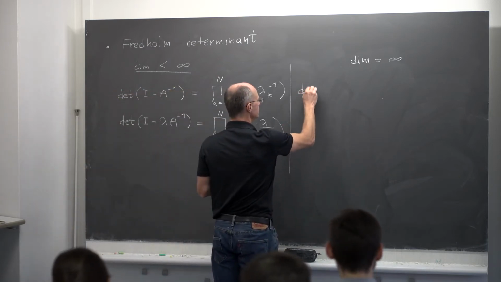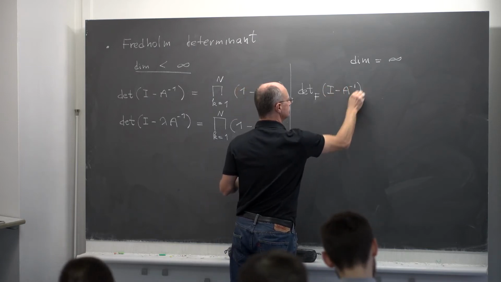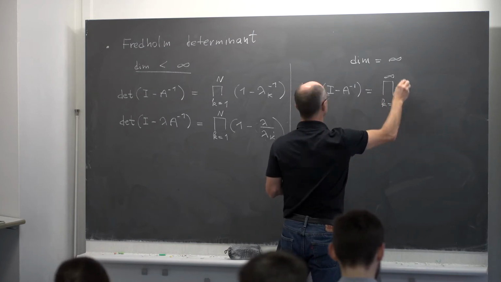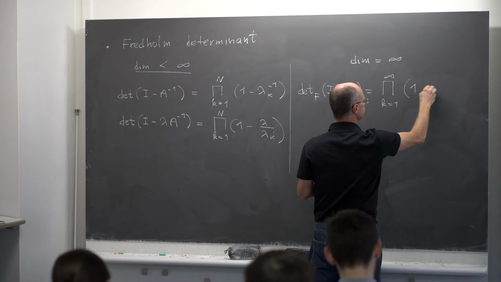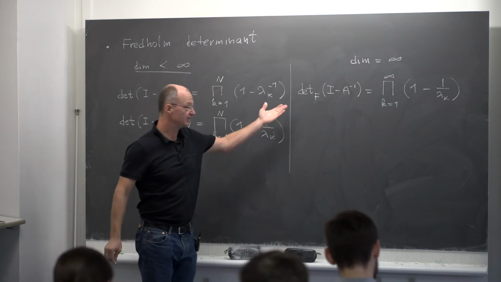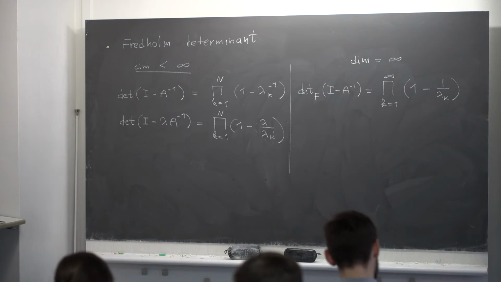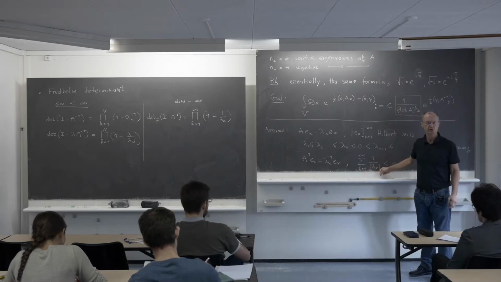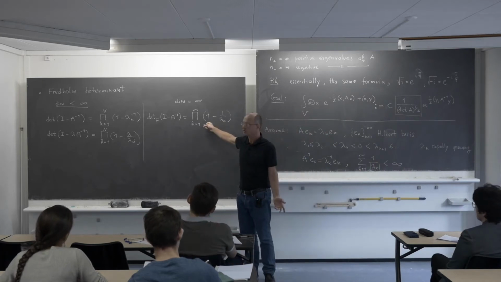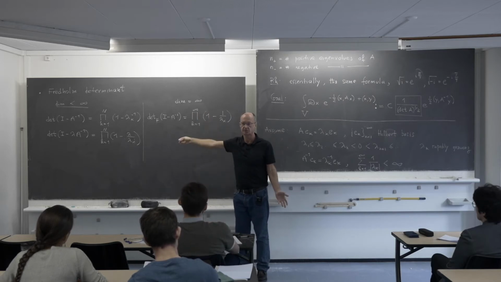So the corresponding determinant is called the Fredholm determinant. Well, it is given by an infinite product. And this infinite product, under the assumption that the sum of inverse eigenvalues is absolutely convergent, is convergent. That is, I take finite products, this gives me a sequence, and this sequence converges.